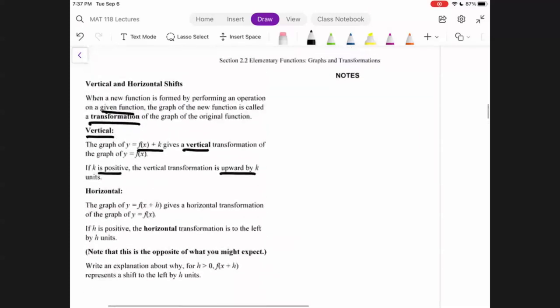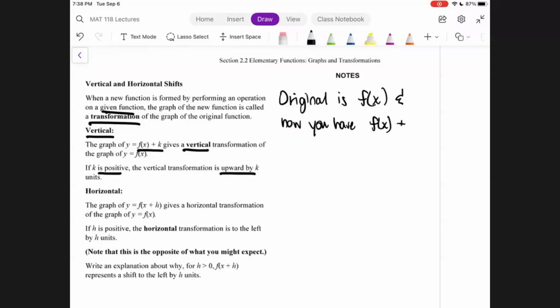Okay. So one thing you want to think, if I have some graph, let's see what you have on your homework here. So one of the questions is, suppose you have f of x, let's say the original is f of x, and now you have f of x plus 3.